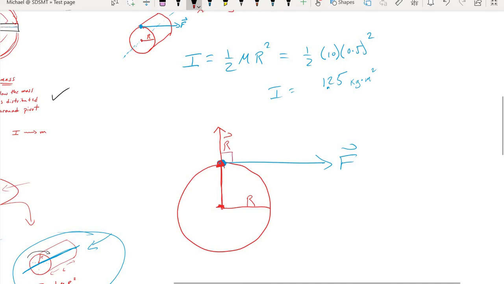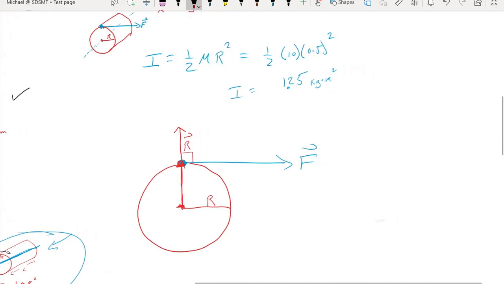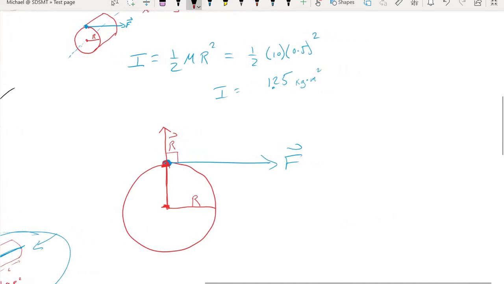And as we can see here, there is a 90-degree relationship between F and R. So in evaluating the torque, we have magnitude of radius, magnitude of force, sine of the angle between the vectors. We have 0.5. We said the force was 100.